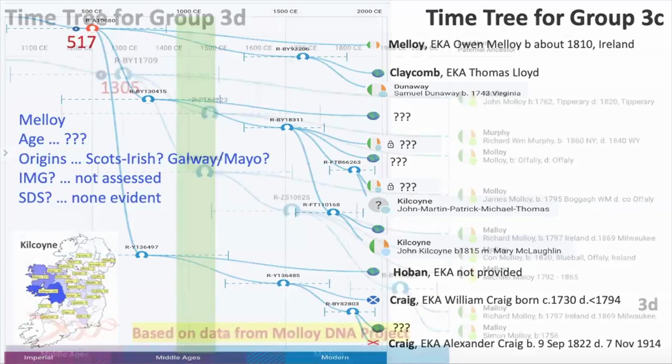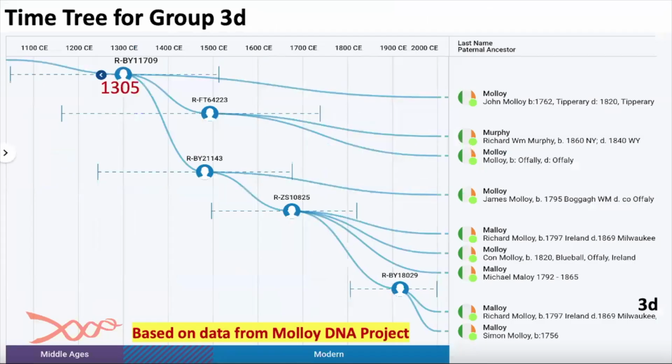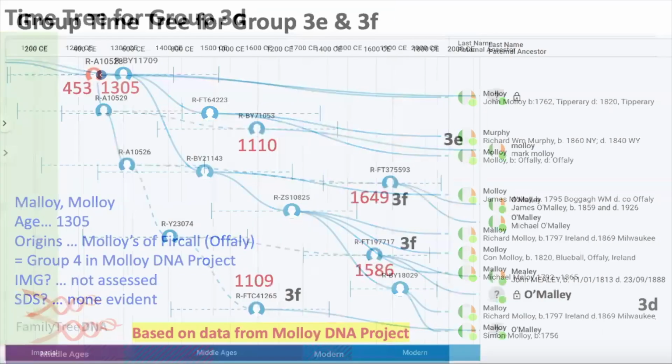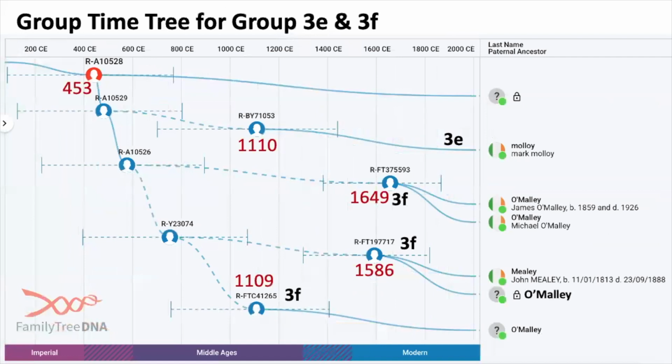We can look at Group 3D, and Group 3D is this Malloy here. He's in the O'Malley DNA project, but in fact he's surrounded by Molloys, and he belongs to the Molloy group who come from the Molloys of Fircal in Offaly, and they would be connected to one of the ancient Irish medieval genealogies. I haven't assessed that yet, but the admins in the Molloy group probably have.